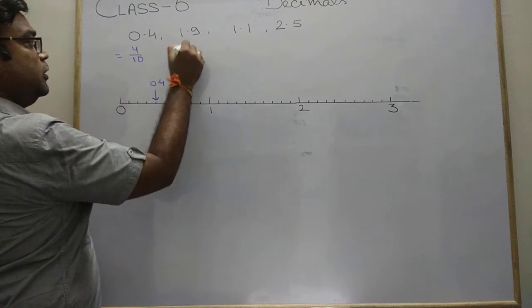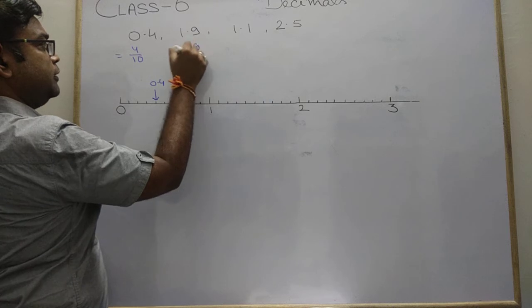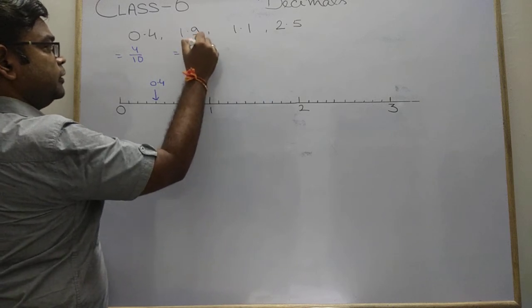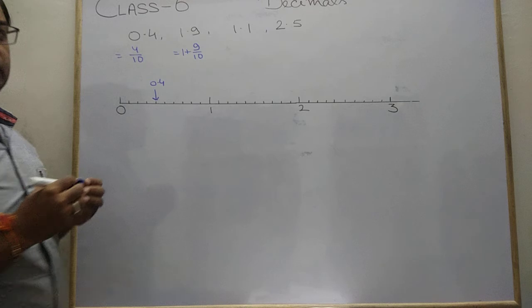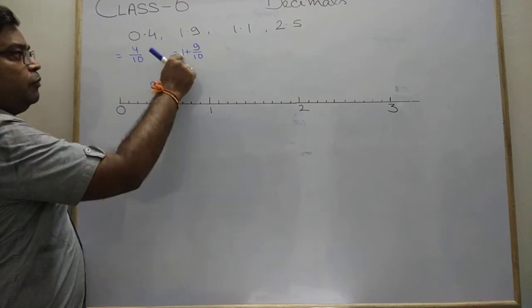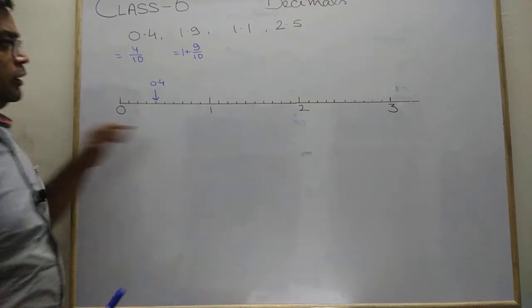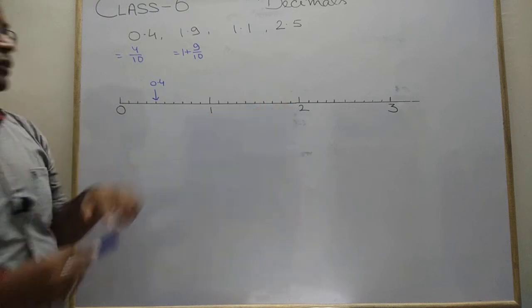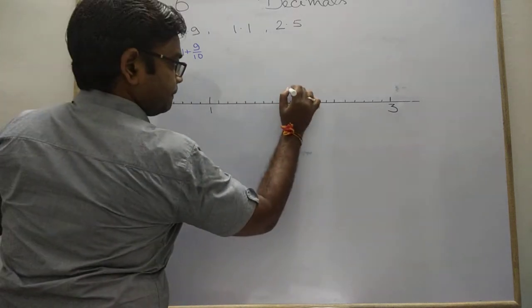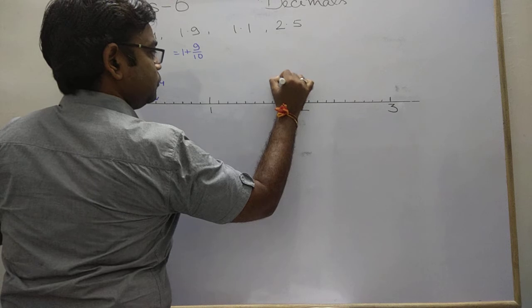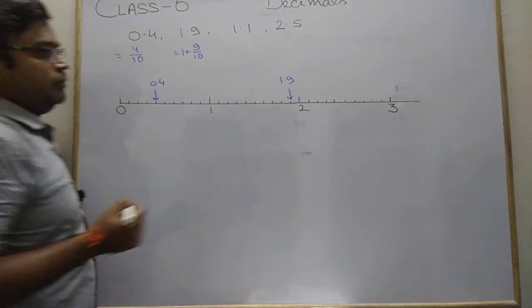In expanded form it is 1 plus 9 upon 10. Then, more than 1, the ninth part of 10 equal divisions. So this is your ninth part. So this is your 1.9 decimal number.